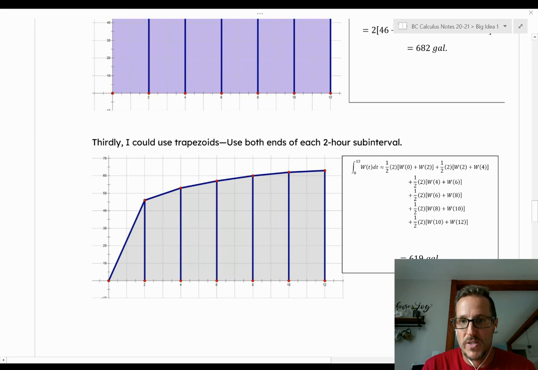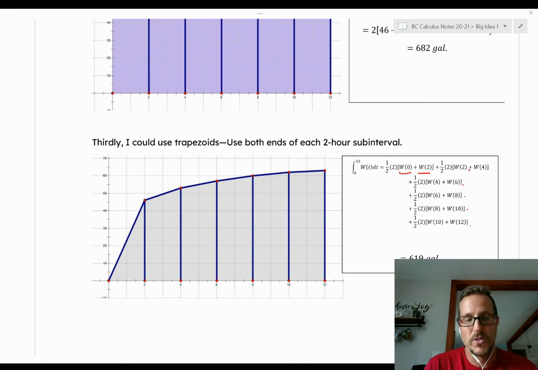Since each base of the trapezoid is 2, I've got 1/2 times 2 times the sum of W of 0 and W of 2, and on and on we go. Do that 6 different times, subbing in the data from the table, and that gives me 619 gallons.